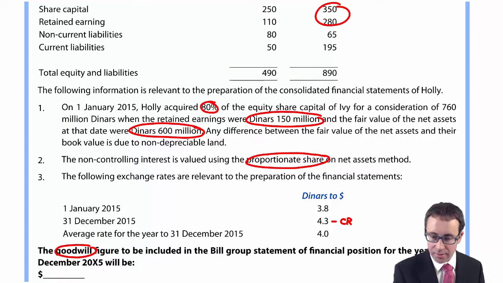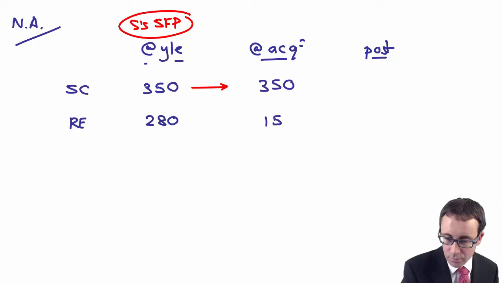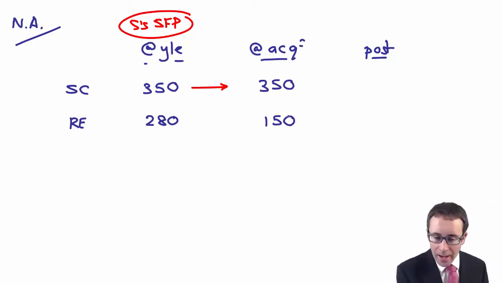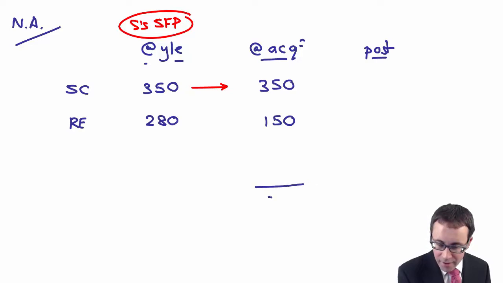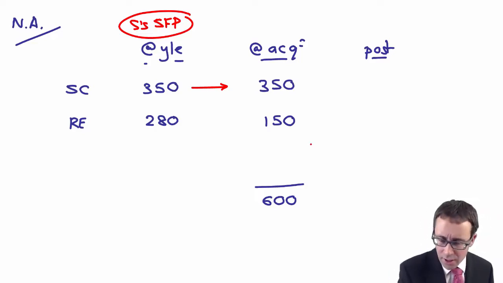A little bit tricky there, because we're given the retained earnings of 150, and we're told that the fair value is 600, isn't it? 350 plus 150 is 500. That does not equal 600. So there is a balancing figure.